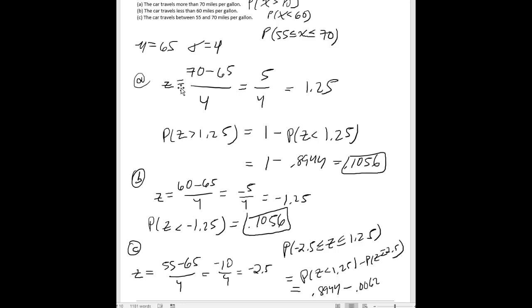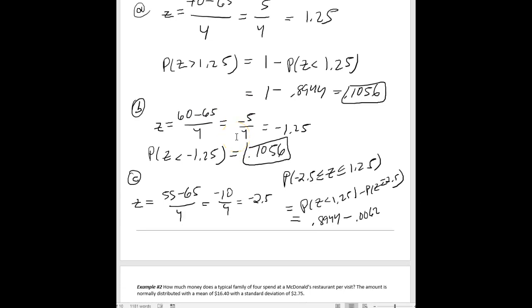That is going to equal 0.8882. Okay, so that's that.